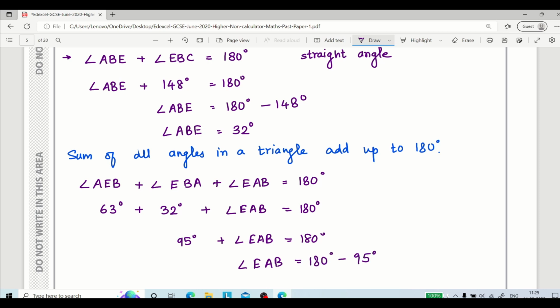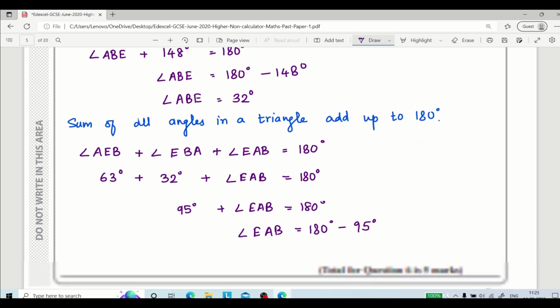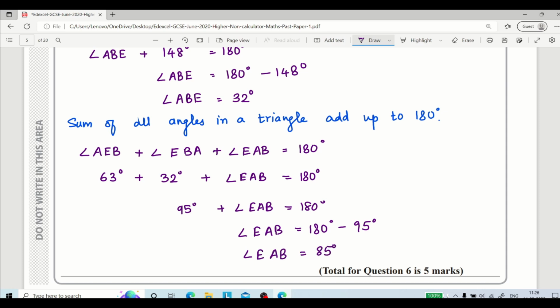I'm writing down each and every step for you to understand the basic part too. I don't want you to commit any silly mistakes in your final paper. So that is 85 degrees. So that is going to be your answer. I hope that's clear. Any doubts?